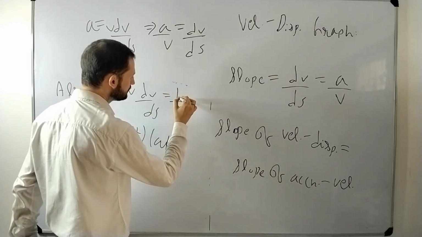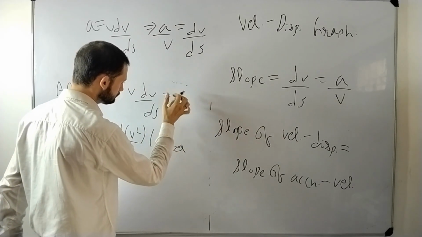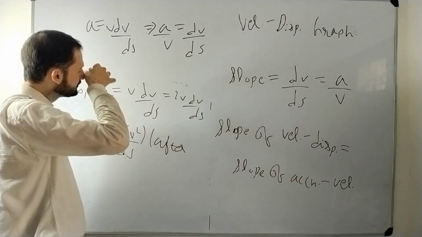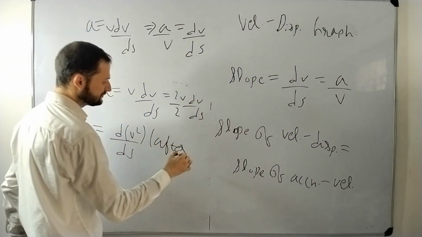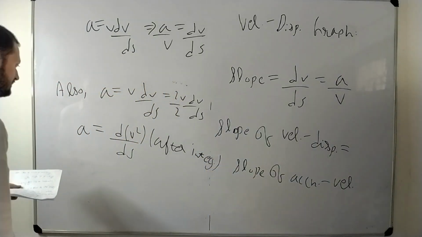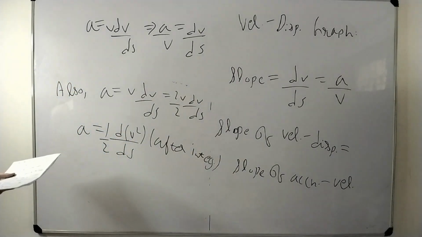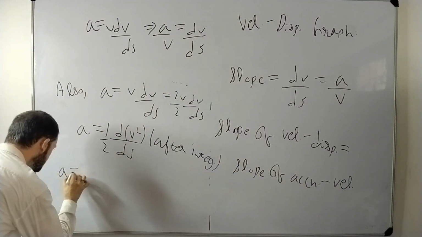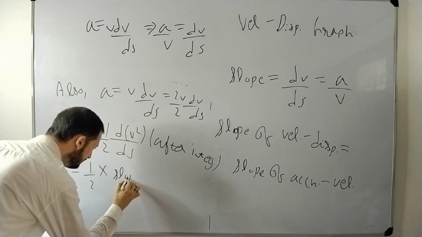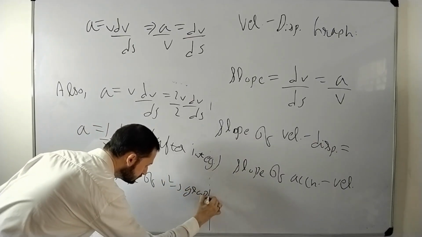Half of 2v dv by ds. So the whole thing is this after integration. Yes, sir, we have understood. So it is nothing but half. So what should I write? Acceleration is nothing but half of slope of v square s graph. Okay, student.